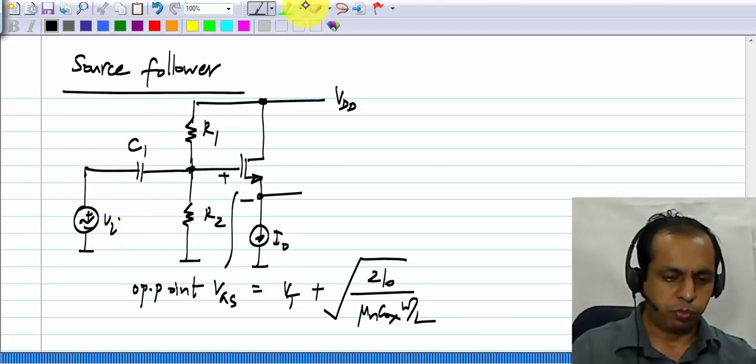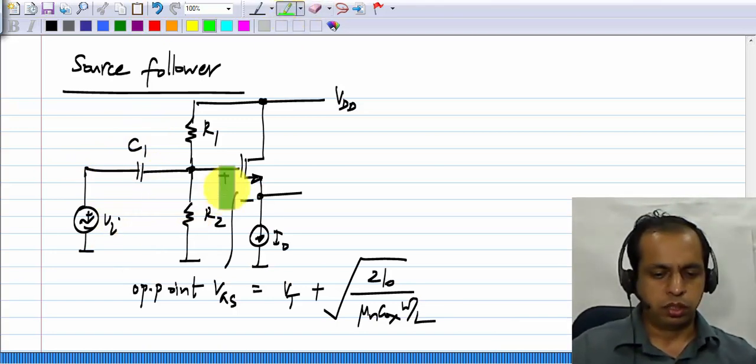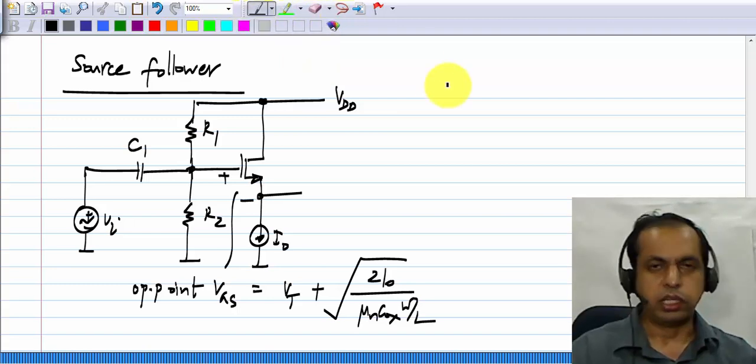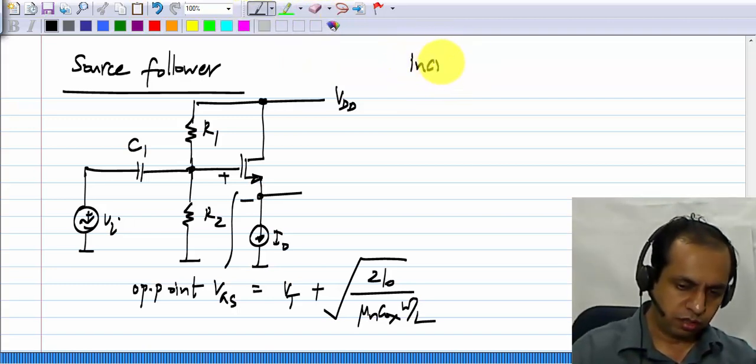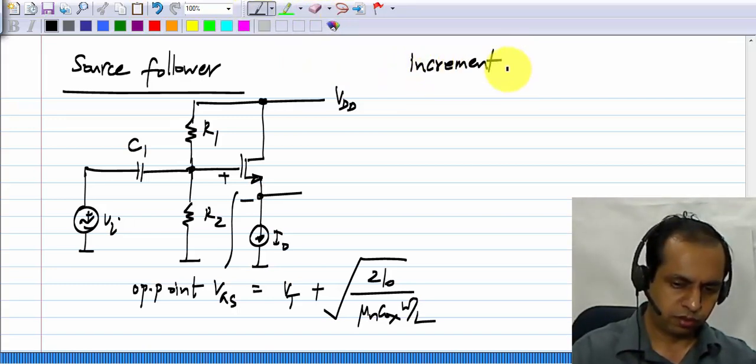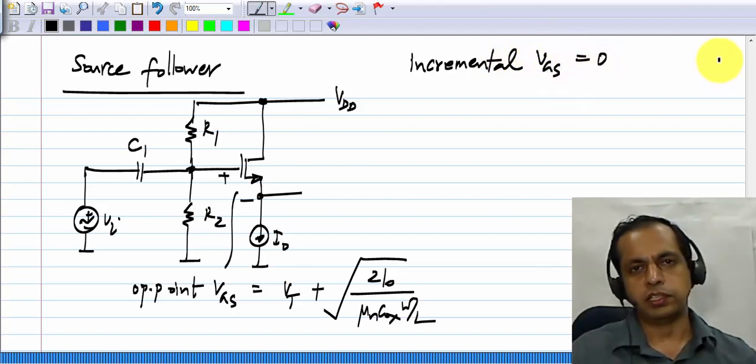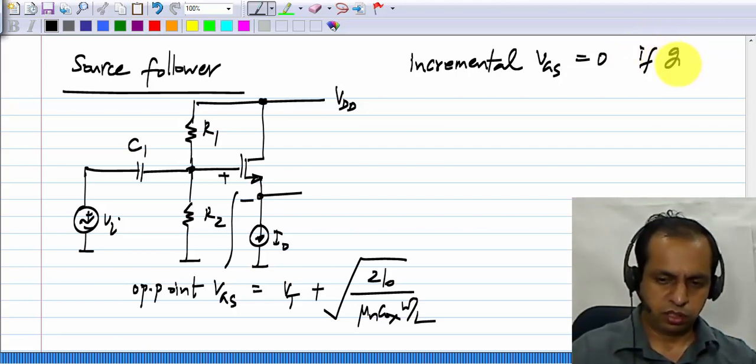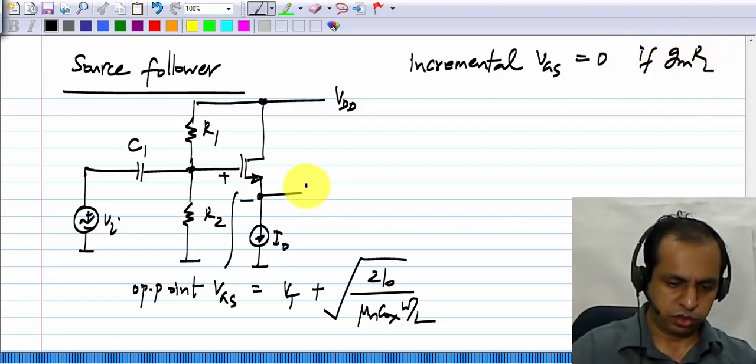Now what happens when you apply a signal Vi? We evaluated that in the incremental picture VGS equals 0 if gmRL tends to infinity. I didn't show RL here, but RL will be there.